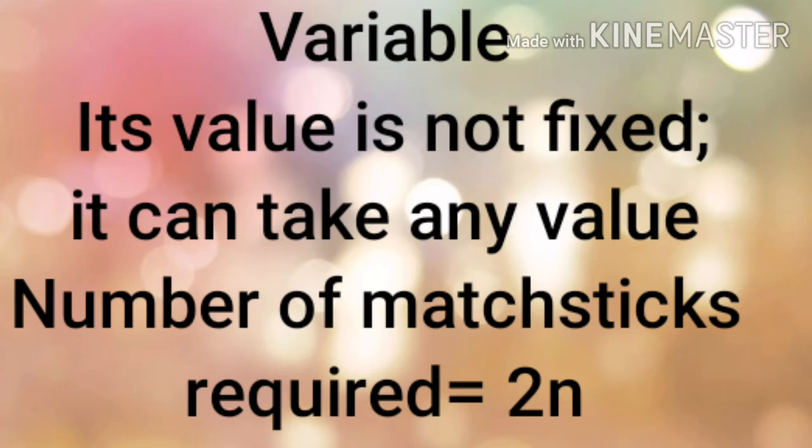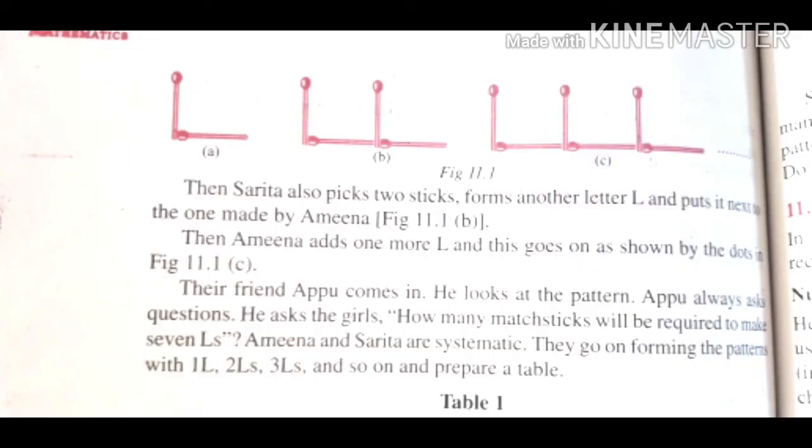Like that, in the given figure we are going to understand how many matchsticks are required to form the number of L's formed. In the diagram, A is 1 L, B is 2 L's, C is 3 L's. How many matchsticks are required for the number of L's formed?